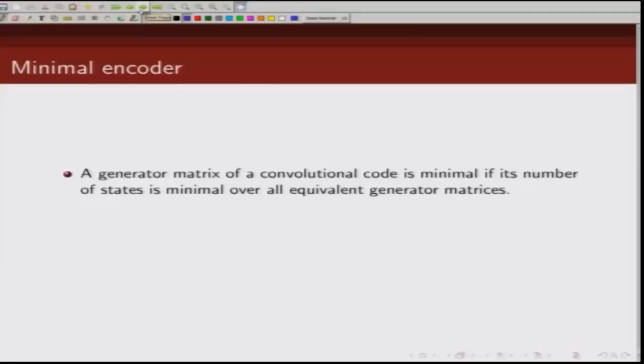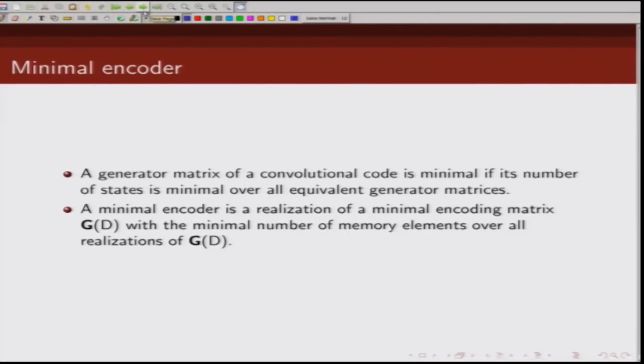So we say a generator matrix is minimal if its number of states is minimal over all possible equivalent generator matrices. And among the minimal encoding matrices, a minimal encoder is basically a realization of a minimal encoding matrix.